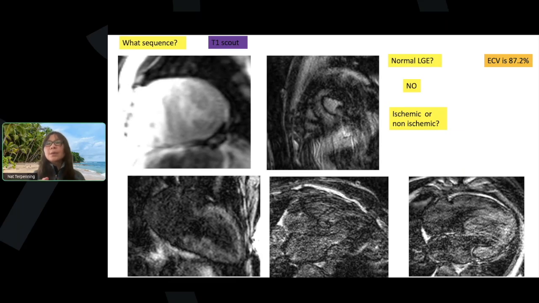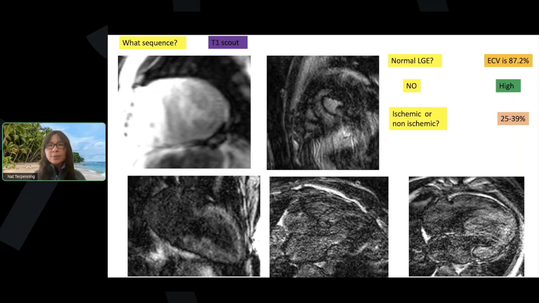So we calculate extracellular volume. Extracellular volume is considered high because it's up to 87%, and normal extracellular volume is about 25 to 39%. How do we do it? We use native T1 and the blood pool, hematocrit, and post-gad T1 of the myocardium and the blood pool, and then we put it in the formula.